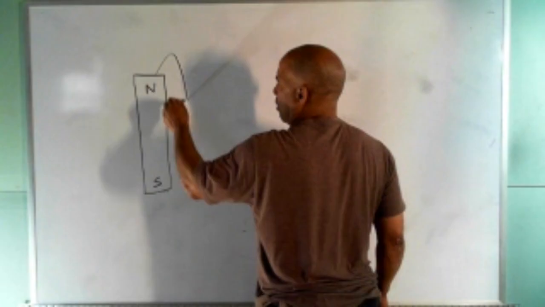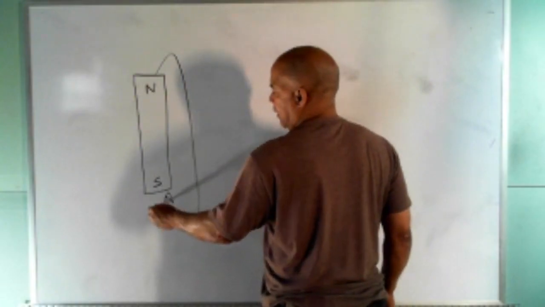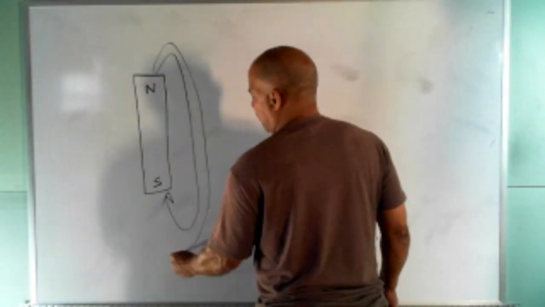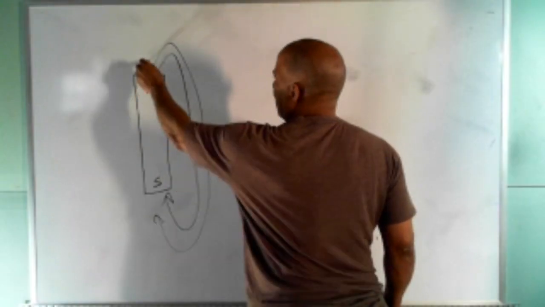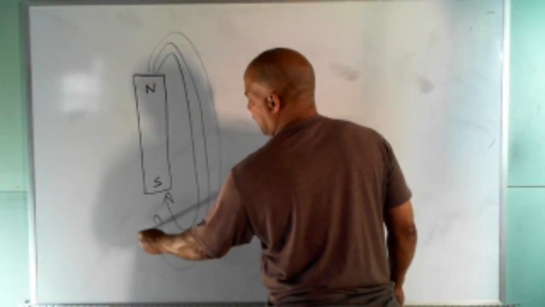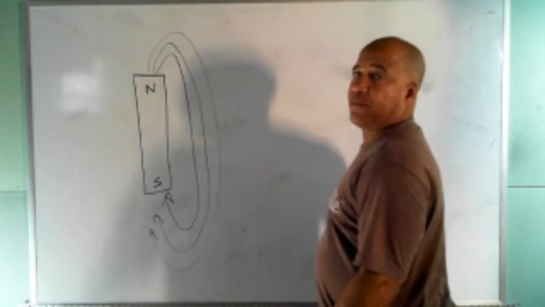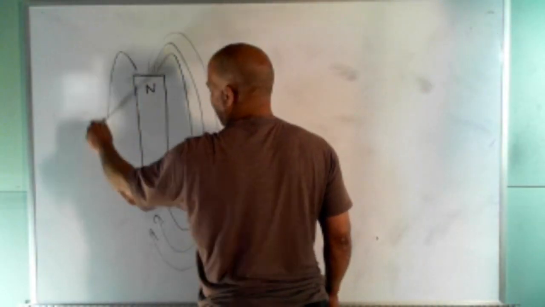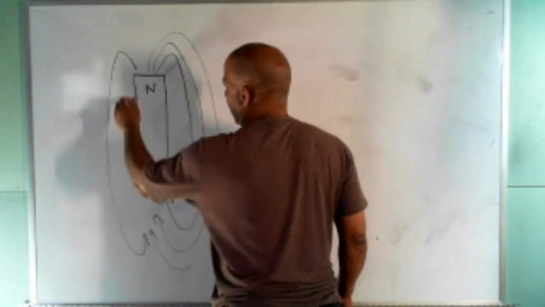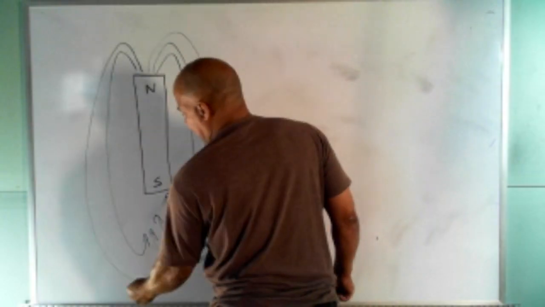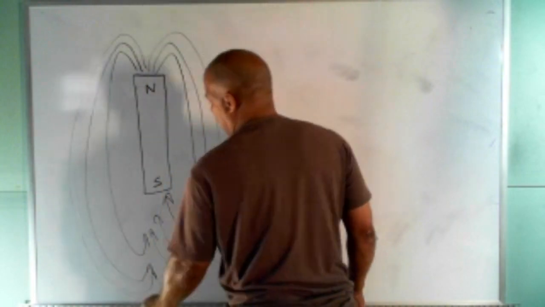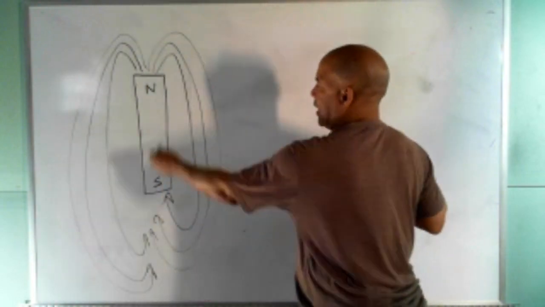We usually draw them like this with an arrow to indicate that flux has direction. I'll just draw a few lines right here. The rule is that magnetic flux lines don't cross each other. They radiate from the magnet in the direction I'm showing you. At the poles, they're really close to each other, but they never touch. They kind of push away from each other, and they actually extend all the way through the magnet.